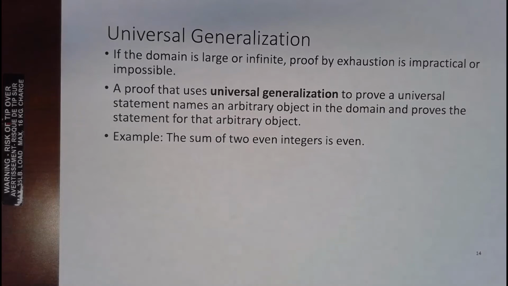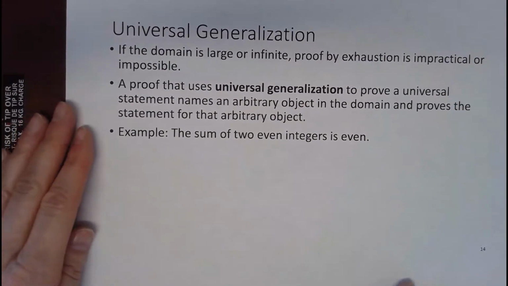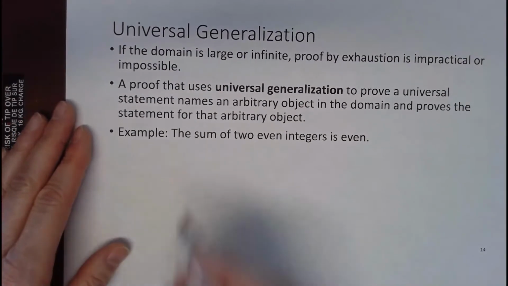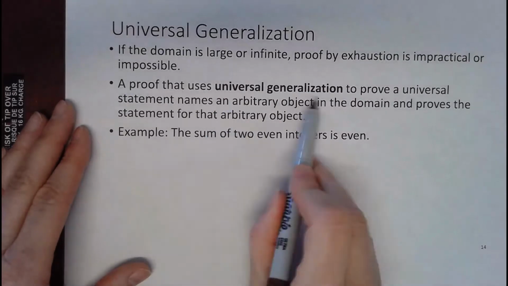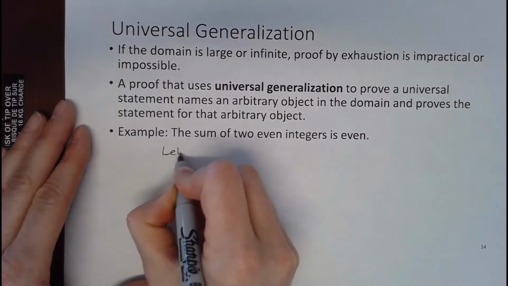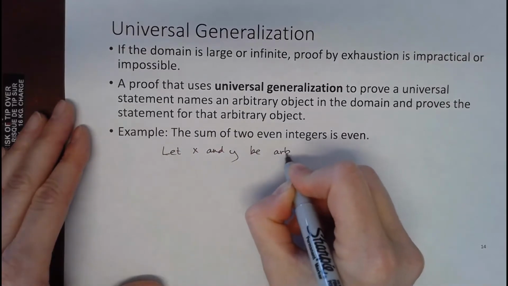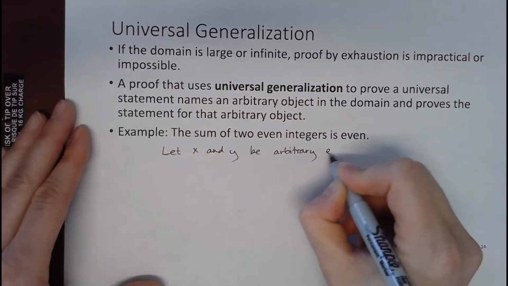Okay. So for example, the sum of two even integers is even. This is not going to be a super formal proof. We'll get to those later on. But with what we've seen so far, if we wanted to show that the sum of two even integers is even, the first thing we would do is this sort of universal generalization. We would say, let x and y be arbitrary even integers.